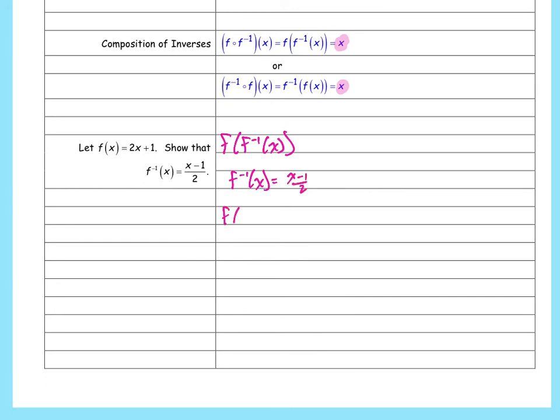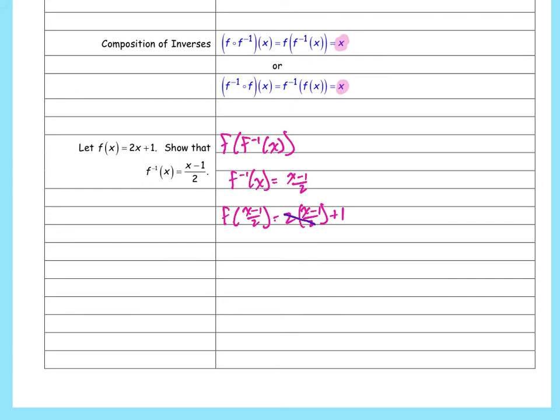And then I want to find f of (x minus 1) divided by 2, right? So in f, wherever there's an x, I'm going to put (x minus 1) divided by 2, plus 1. So these twos cancel out, or make a 1. I hate saying canceled out, sorry. They make a 1. 2 divided by 2 is 1.